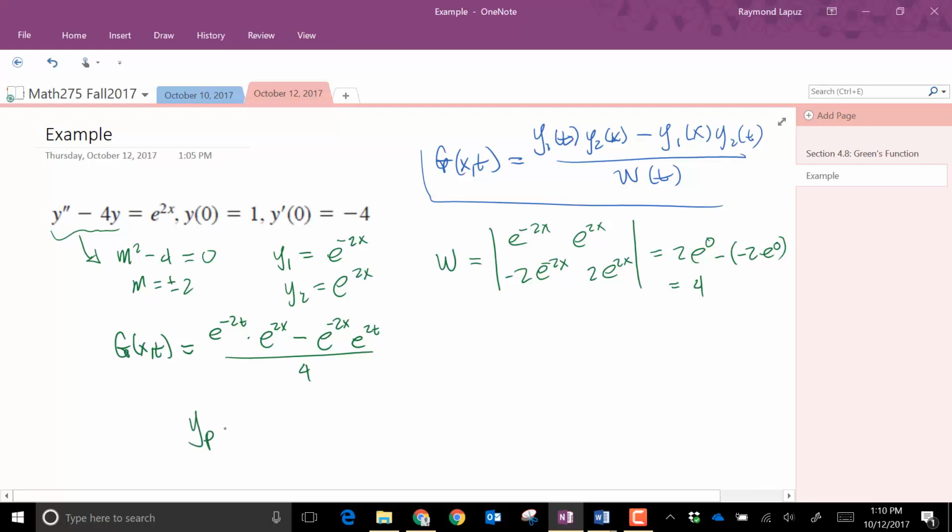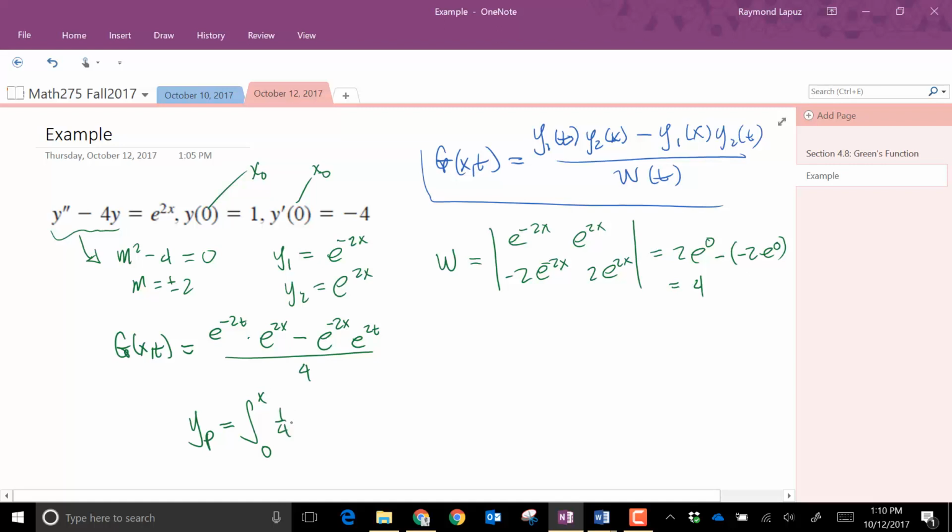So y sub p is equal to the integral from x sub 0, which would be 0, our starting point, our initial value problem initial point, to x, which is a variable right now that we're setting to be a variable. And then we're going to slip in this Green's function that we just saw.